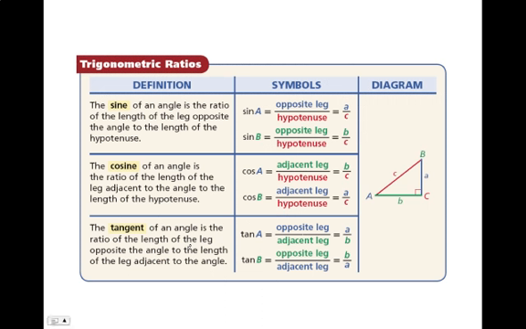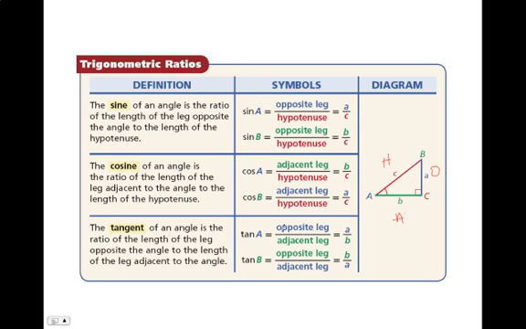There are three different trig ratios you need to know: sine, cosine, and tangent. Each one has a ratio that you must remember. The sine of angle A is the opposite over the hypotenuse. The cosine of angle A is the adjacent side over the hypotenuse.